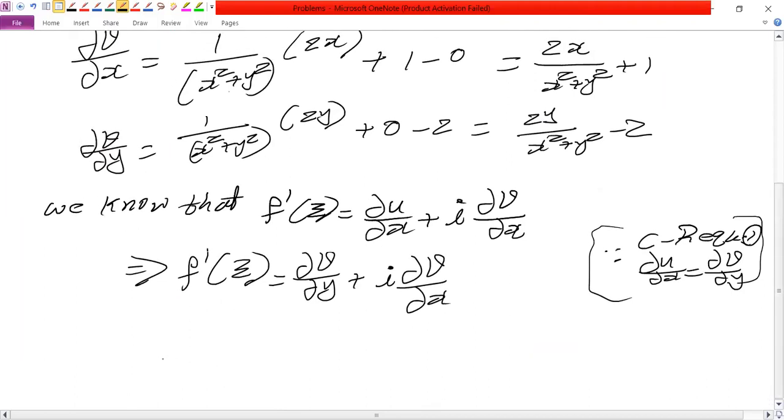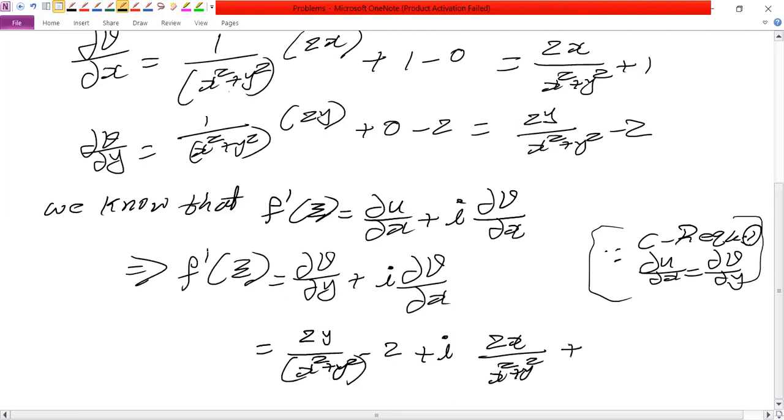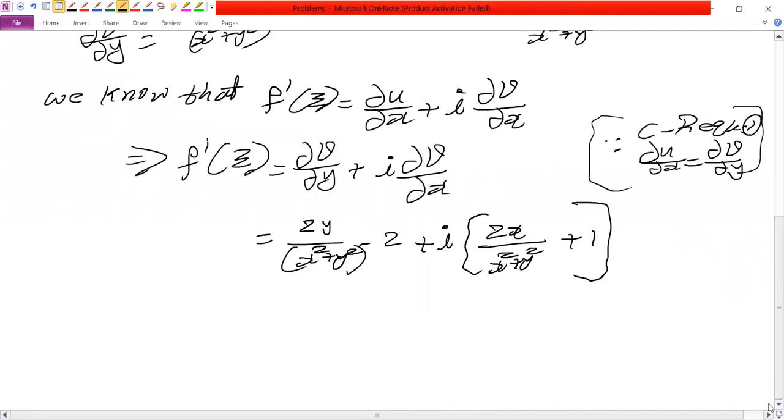Now substitute the ∂v/∂y and ∂v/∂x values. So ∂v/∂y value is 2y by x square plus y square minus 2, plus i into ∂v/∂x, which is 2x by x square plus y square plus 1. i is common for both the terms, that means two terms here.